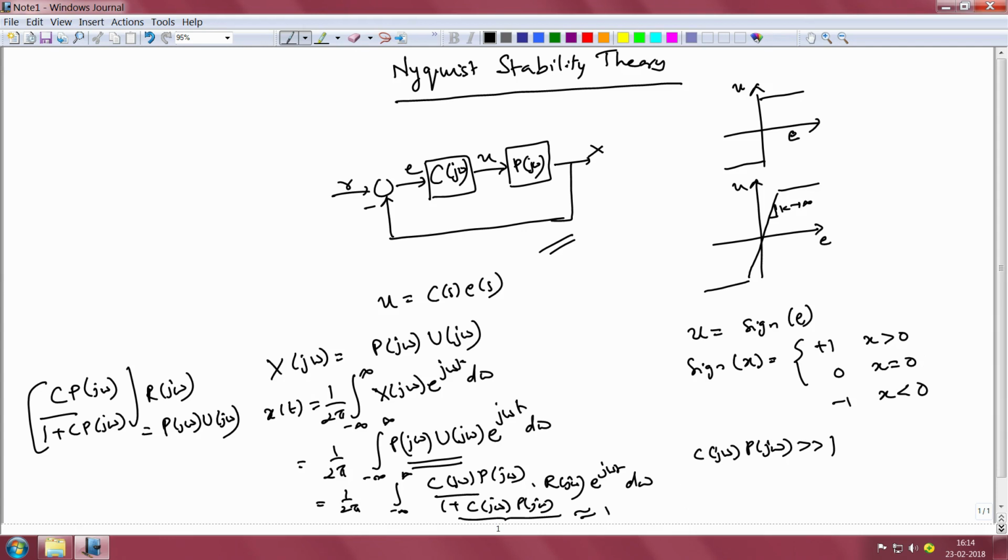So if the frequency content of the reference is such that it matches the range within which C times P is much greater than 1, we would have x of t approximately equal to 1 by 2 pi integral minus infinity to infinity 1 times R of j omega e to the power j omega t d omega, and that is equal to R of t. So, indeed a high gain for the controller is necessary even in case of linear system analysis to get x of t to be equal to R of t.